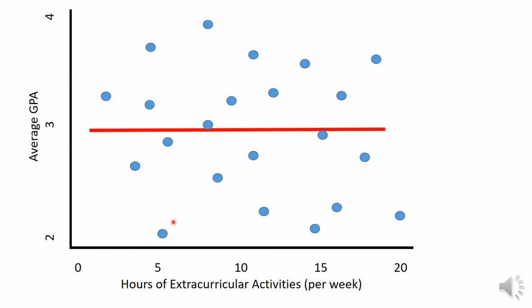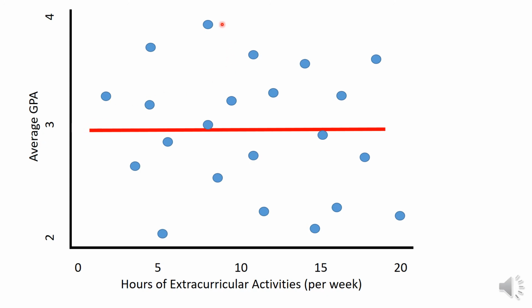Some people have very little extracurricular activity and have low grades, some have normal grades, some have high grades, and the same with those who have a lot of extracurricular activity. You get some with low grades, some with moderate grades, some with high grades. So there's no relationship between our hours of extracurriculars and our average GPA here.